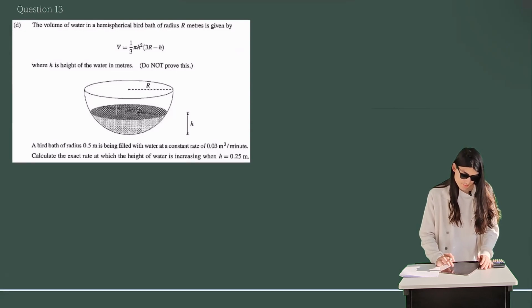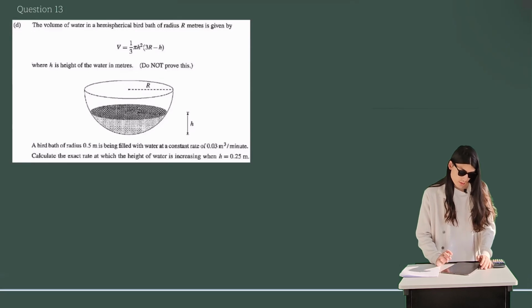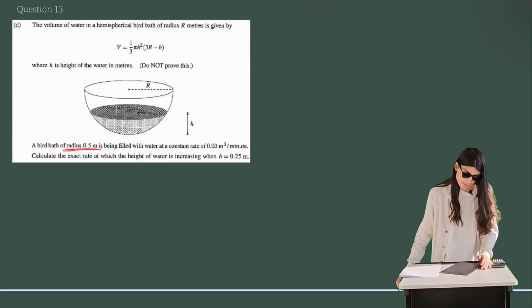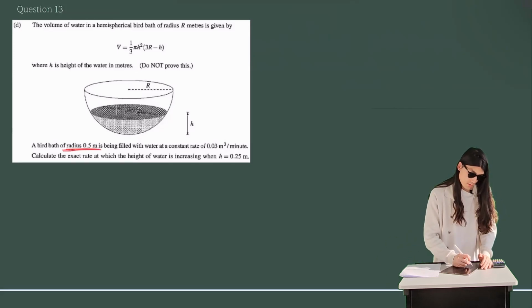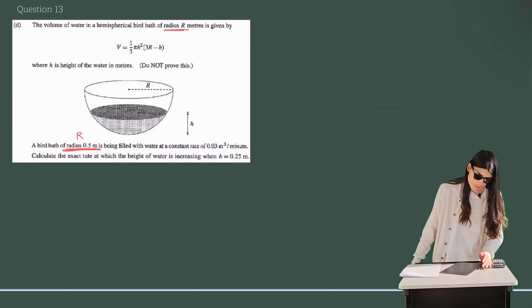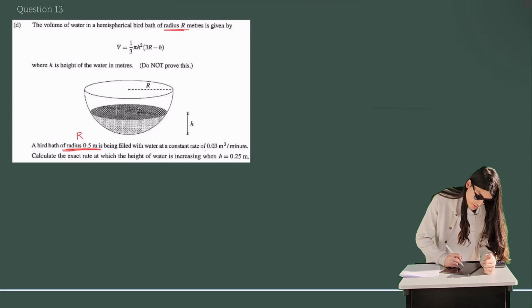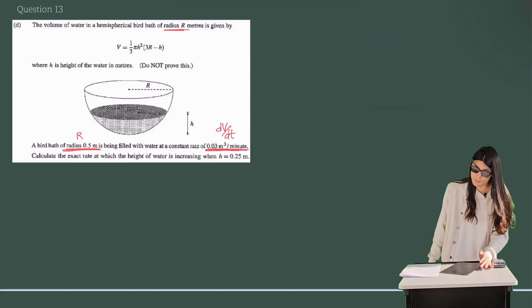And it tells you that bath of radius 0.5, I guess that's describing what the value of this R is. So given that R is 0.5, it's being filled with water at a constant rate of 0.03 cubic meters per minute. So this is the rate at which the water is being poured in. In other words, it's the rate of change of volume with respect to time.